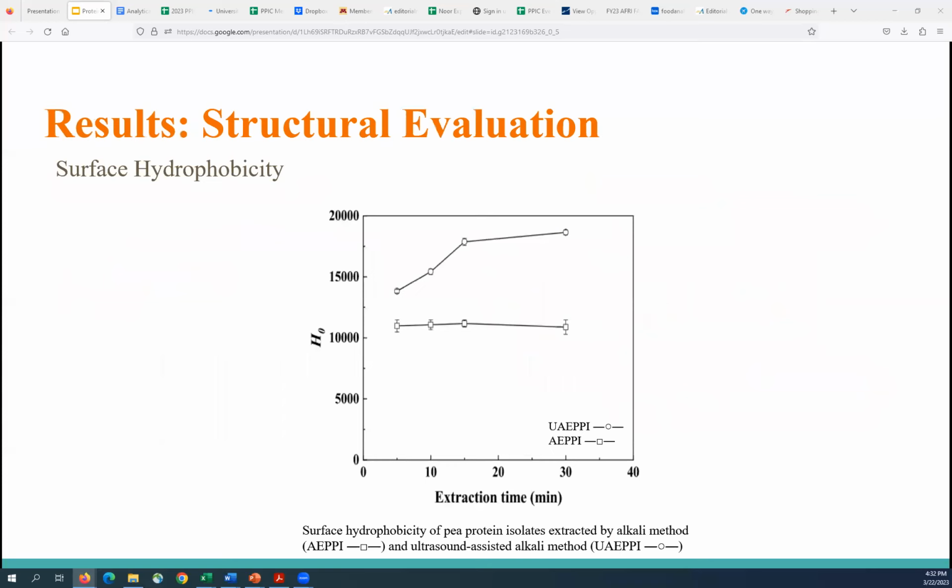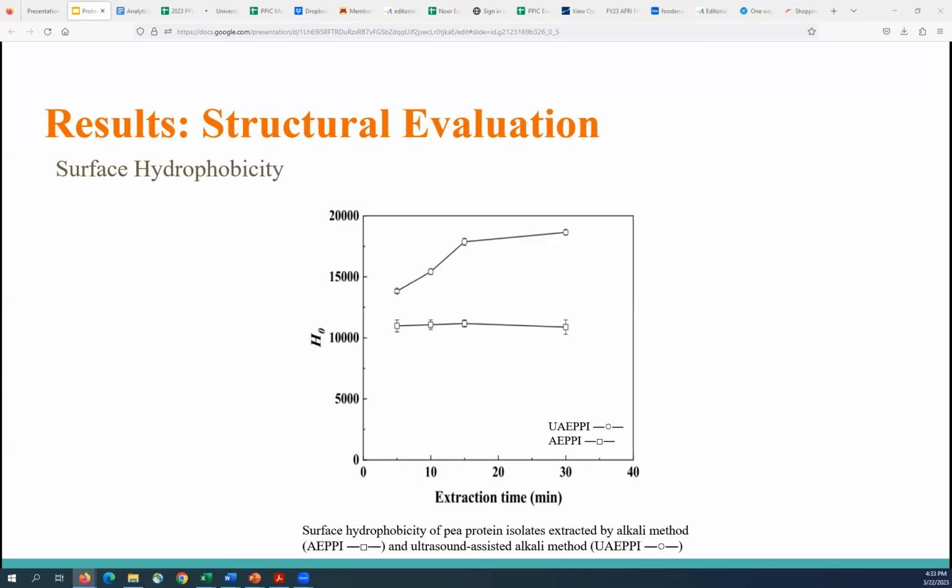Now, let's take a look at the surface hydrophobicity data. Based on what we learned in the class, we know that ANS agents bind through hydrophobic interactions with hydrophobic surfaces of the protein. So the more hydrophobic residues are on the surface, the more ANS will bind and we'll get more fluorescence data. The graph gives the surface hydrophobicity data for both PPI extracted by the traditional alkaline extraction method, which they label here AEPPI, and also by the ultrasound-assisted alkaline method, UAEPPI, under different extraction times.